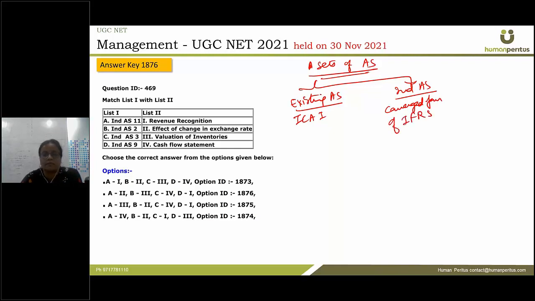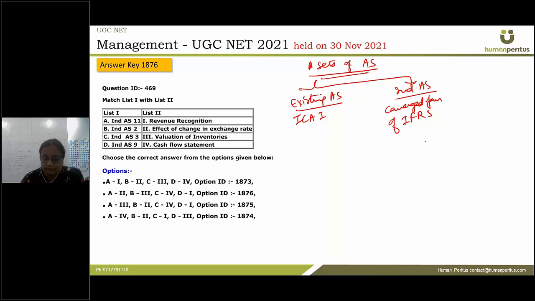These are the converged or harmonized form of IFRS. What is IFRS? IFRS is International Financial Reporting Standards. Okay, so IFRS basically have not been applied in India as it is. Only their converged form, according to the needs and circumstances prevailing in the Indian economy, has been adopted in the form of INDAS.